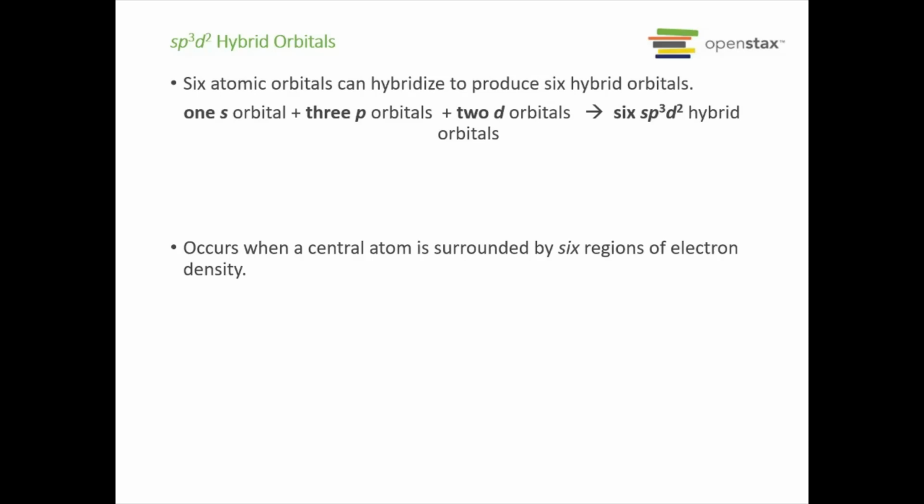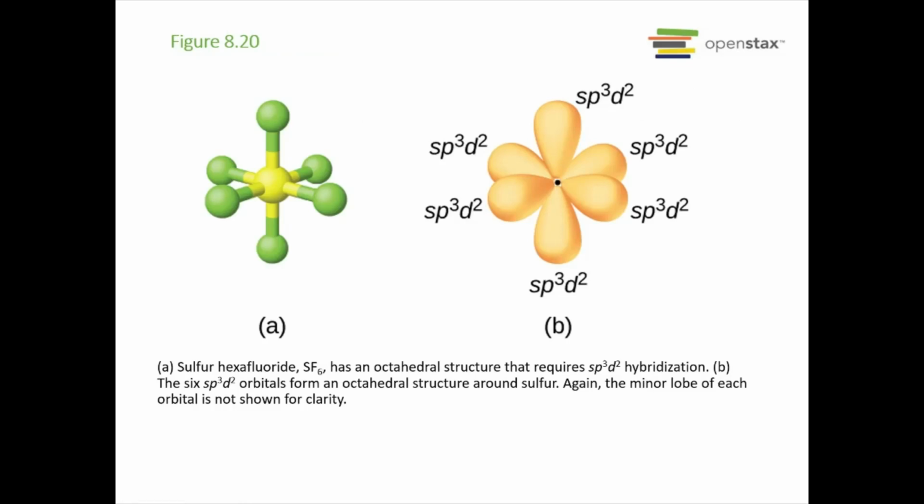As the name states, 1 s orbital, 3 p orbitals, 2 d orbitals, making 6 sp3d2 hybrids. This is when your central atom has 6 regions of electron density around it. Here's an example: sulfur hexafluoride is octahedral, with those 6 regions of density around it to give it this hybridization.